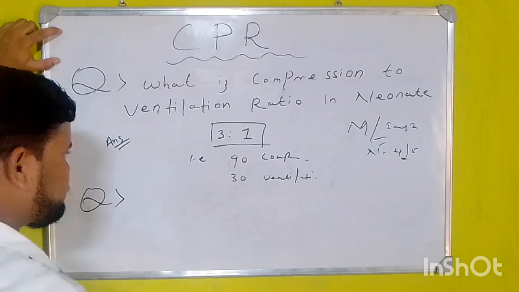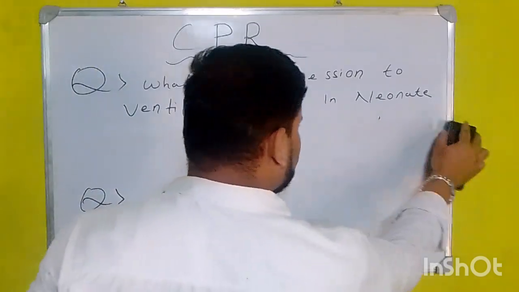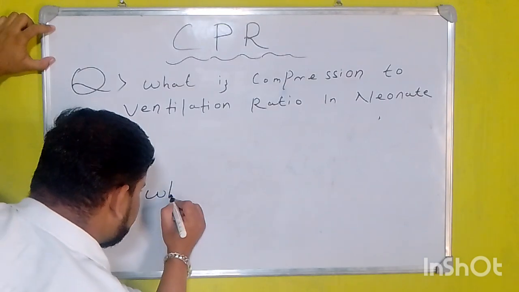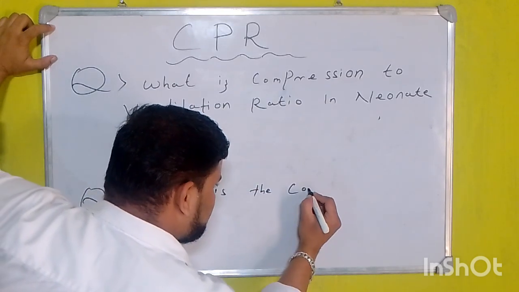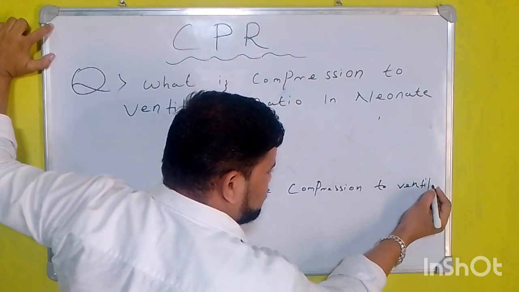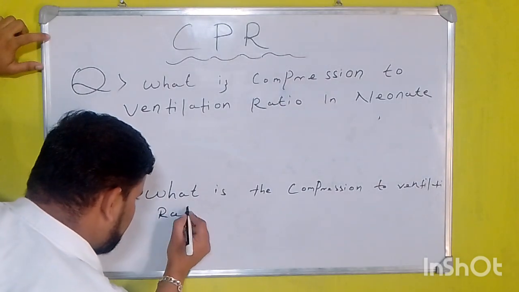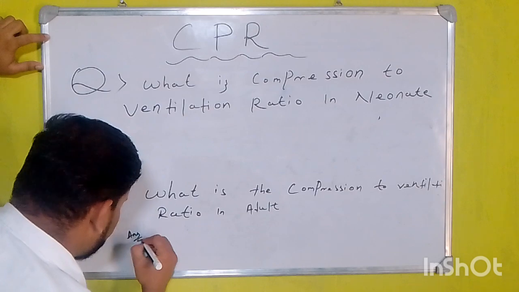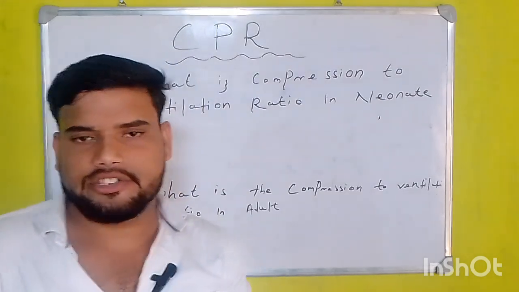Then the second question is, what is the compression to ventilation ratio in case of adult? In adult, the compression to ventilation ratio is 30:2.